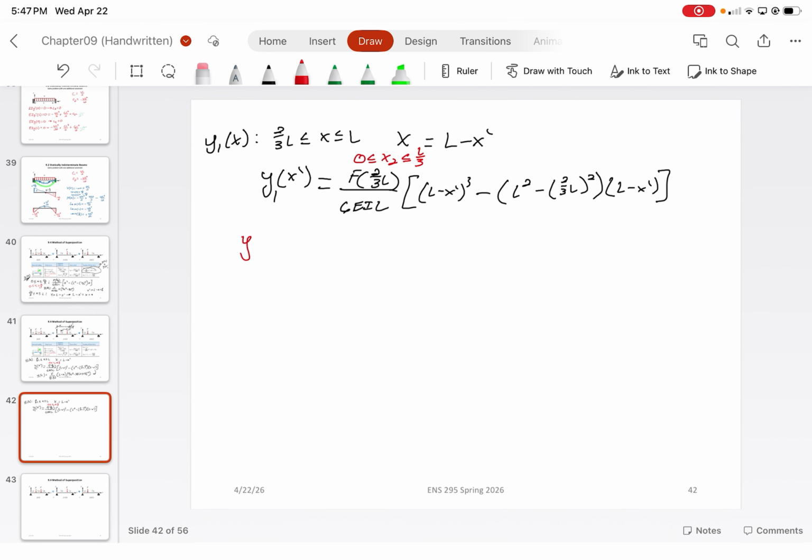So just simplifying this, we would get y1 of x prime is equal to 2FL over 18 EIL times L minus x prime cubed.